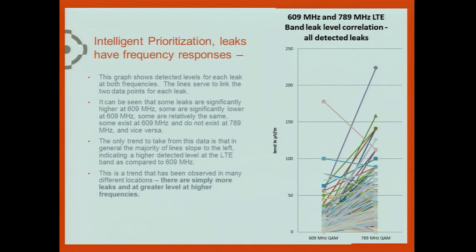So, making a comparison at 609, which again is this very popular astronomy channel that people like to use, compared to 789, which is well within the LTE. In this case, we're showing that again, you have leaks at near LTE and at LTE, but generally all of the lines slope towards the high frequency side.